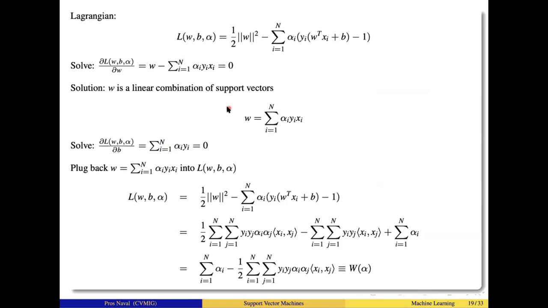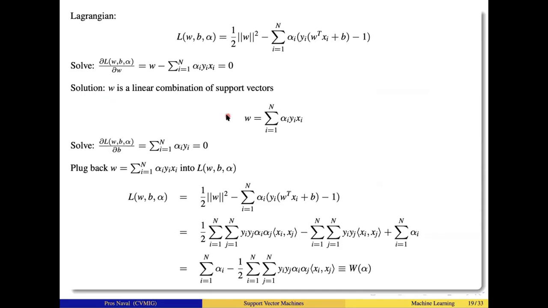So, what does this mean? Well, w is equal to this quantity here. Magic. W, what is w? W is the one that we were looking for. It's the weight vector.